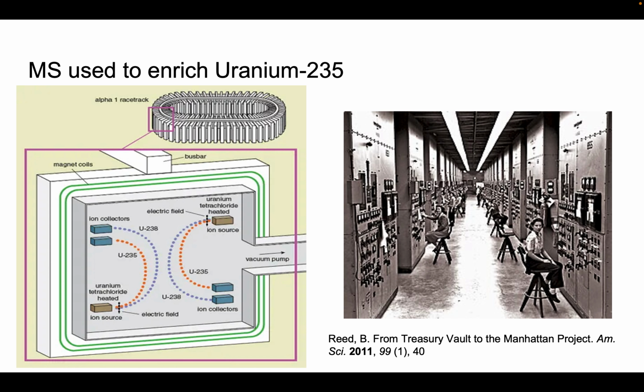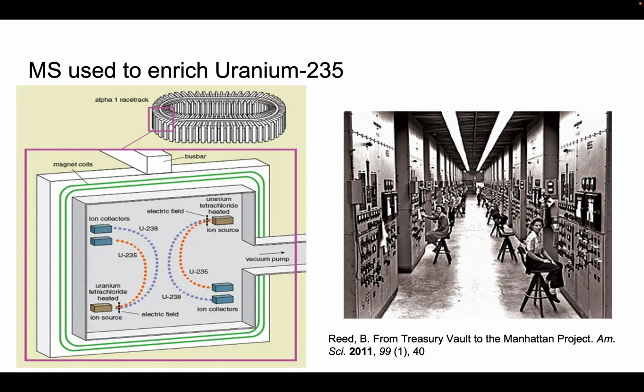Residual gas in this vacuum neutralized most of the ions so that positive charges didn't repel and spray the ions everywhere. Two different streams were formed from the uranium tetrachloride according to the difference in momentum caused by the two uranium isotopes. These calutrons produced 140 pounds of uranium-235 for the bomb dropped over Hiroshima.